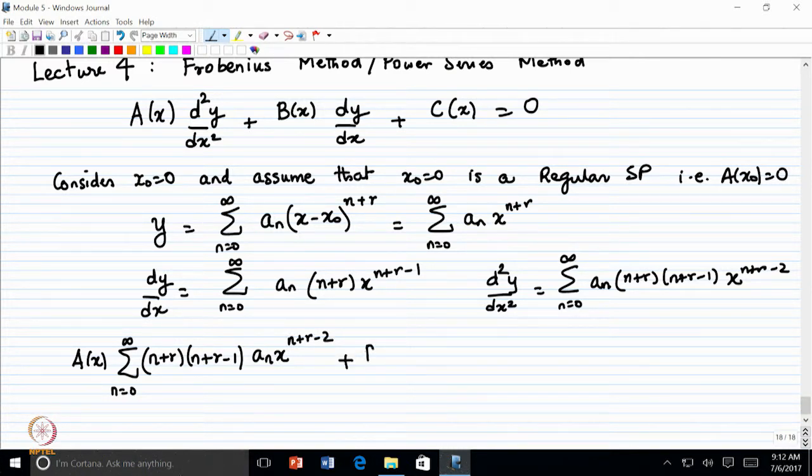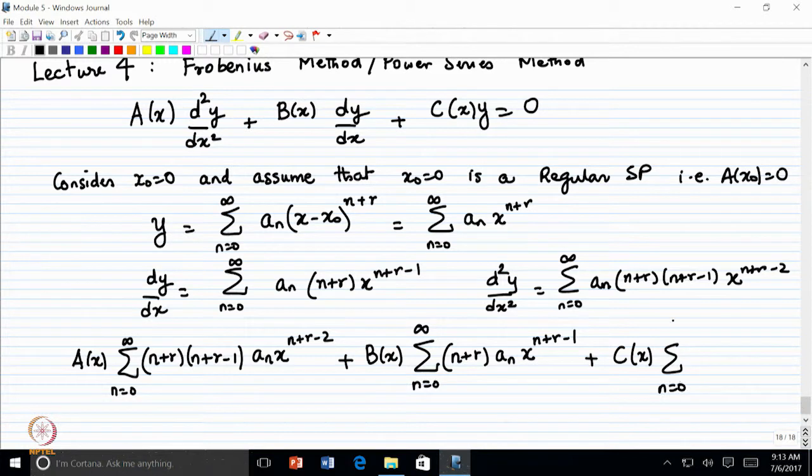Now, I have b of x times sum over n equal to 0 to infinity n plus r a n x raised to n plus r minus 1, plus c of x times y. I missed the y in the original equation. So, you should have c of x times sum over n equal to 0 to infinity a n x raised to n plus r, and this equal to 0.